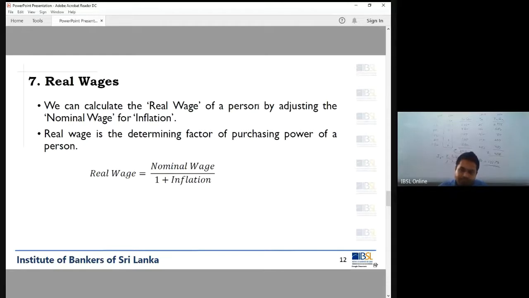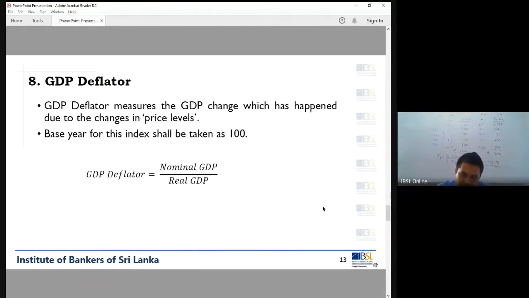Similarly, one other factor that we can discuss is another practical implication. That is the GDP deflator. So the GDP deflator measures the GDP change which has happened due to the change in price level, not the change in efficiency, not the change in the level of technology, but only looking at the price differences.